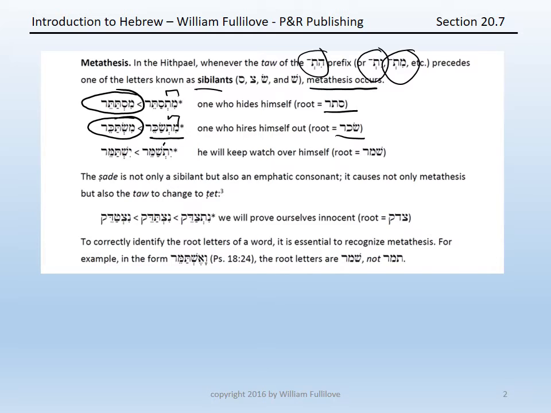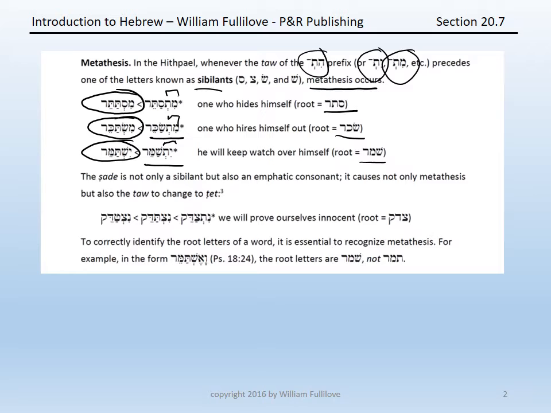Likewise, if you added the yit of a hit pa'el imperfect to the root shamar, you would expect yit shamer, but you have metathesis. The shin and the tav switch places. You actually get yish tamer. In each of these cases, then, you will note that you have to look in slightly unexpected places to get the three root letters.